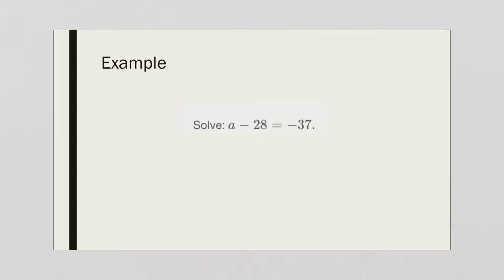How do you undo subtraction by 28? You add 28 to both sides. That's undoing that. This right here created 0. That's why it's going away. So on the left-hand side, I'm left with just plain old A is equal to, now you have negative 37 plus 28, which is negative 9.